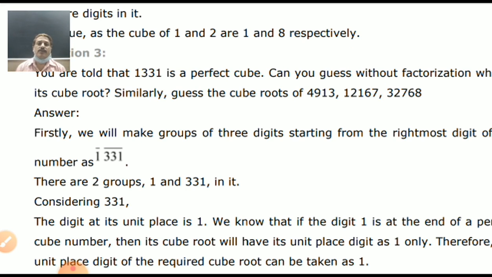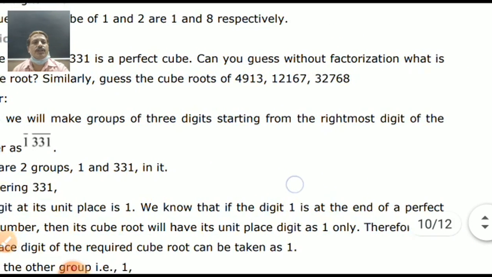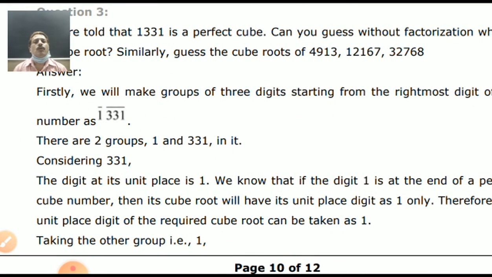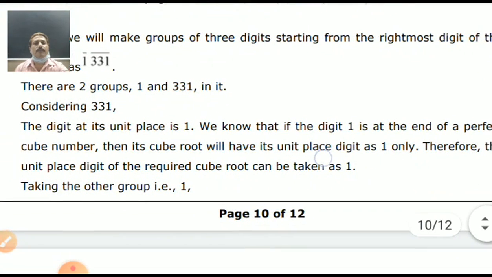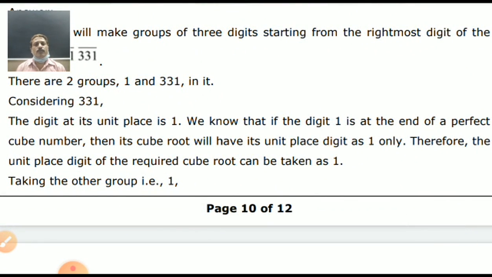Yes, why not? First of all, we check it in groups of 3 digits. So 331 and 1 alone. Starting from the rightmost digit, there are 2 groups, 1 and 331. Considering 331, the digit at its unit place is 1. We know that if the digit 1 is at the end of a perfect cube number, then its cube root will have its unit place digit as 1 only.